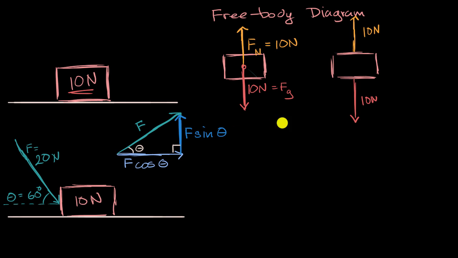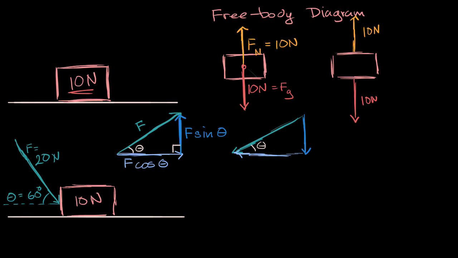And you could think about it the other way as well. If the force was like this, where it's just going in the opposite direction, but once again, you have this angle theta. And now the components would look like this, where the vertical component would have the same magnitude, but now it would be pointing downwards. And the horizontal component would have the same magnitude, but now it is pointing to the left.